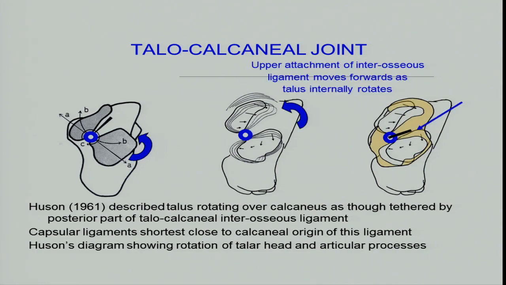So it's going up the slope of the posterior joint as the talus. And if the calcaneus just stayed like that, then the talus would tilt because it's going up a slope on the outer side. But it's got to stay level, so in fact the calcaneus supinates beneath it. Is that all right?